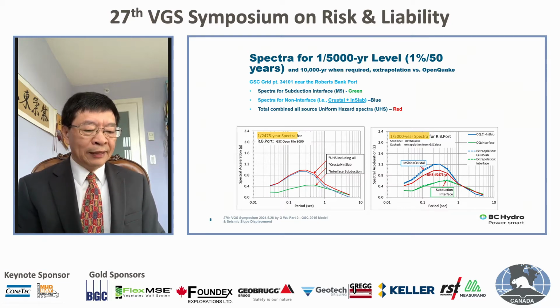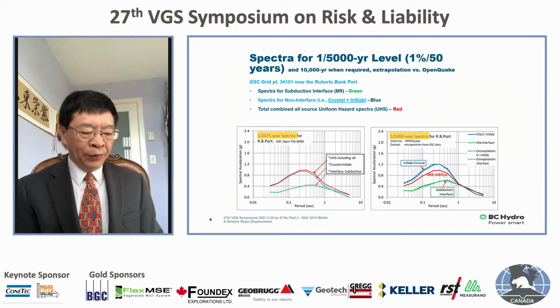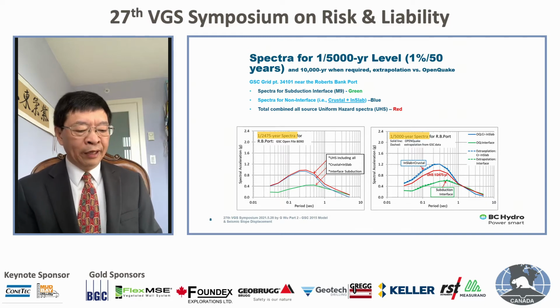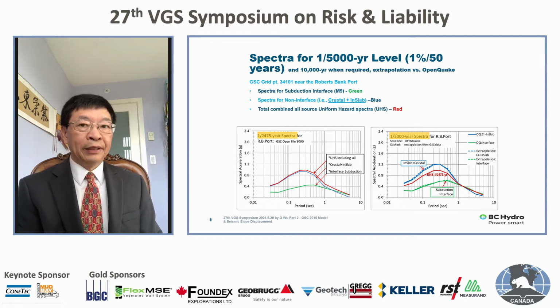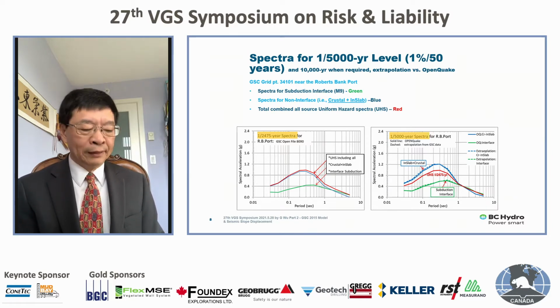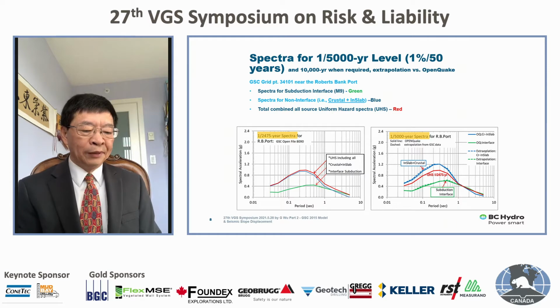That is shown by the solid lines in blue and green. So both blue and green on the right figure are the 1 in 5,000 year spectrum. The blue is for M7, which is the smaller earthquake, and the green is for M9 earthquake. And for comparison, I have also shown the red, which is the combined 2475 spectrum.